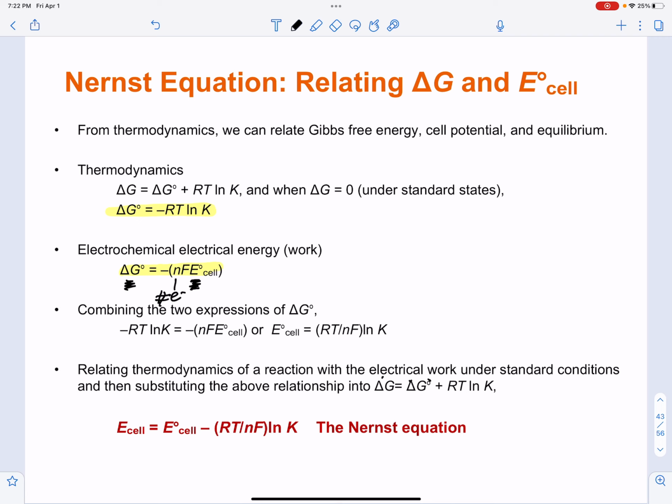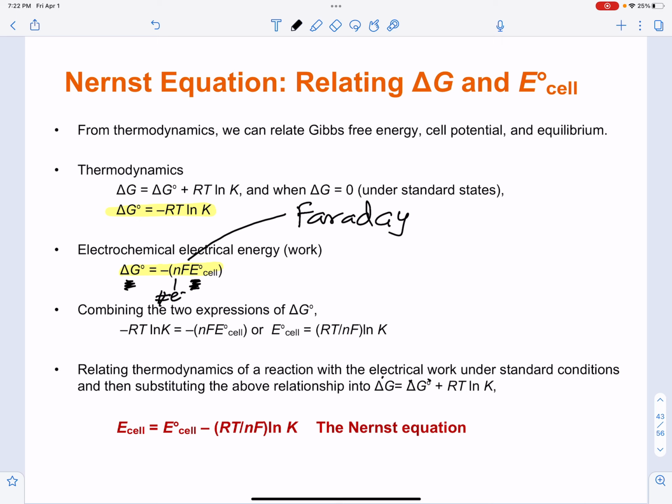That number of electrons is what this n is. And F is the Faraday constant, which you're going to see very soon.